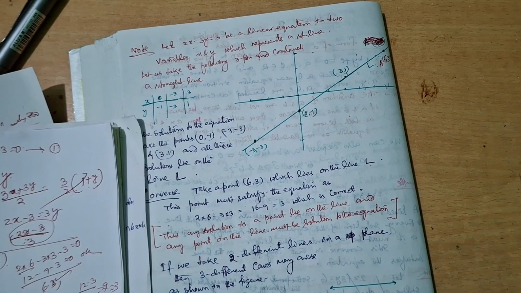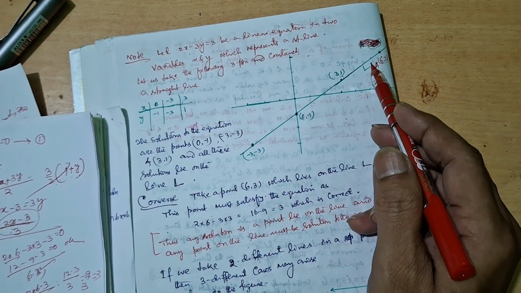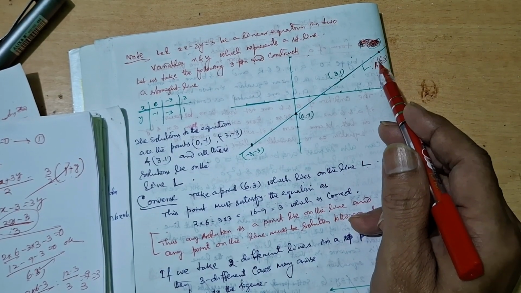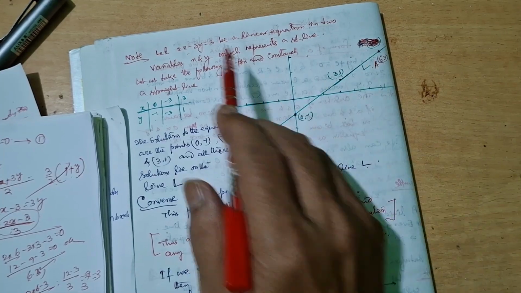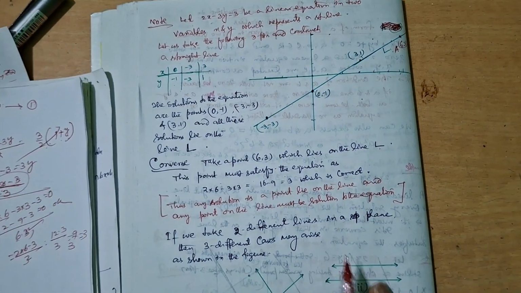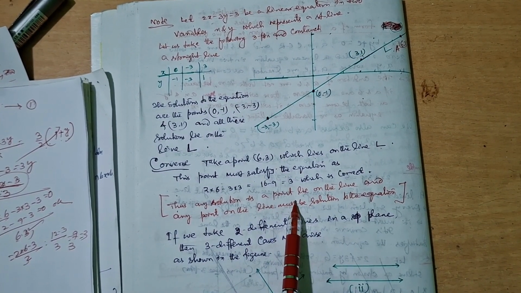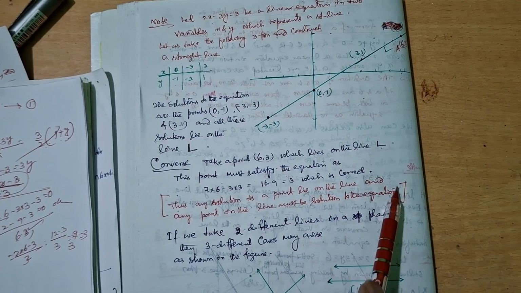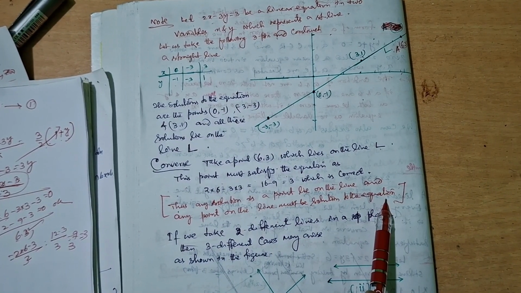So this is the converse. First you take the straight line. Whether (6, 3) is a point on this straight line, yes. So this also satisfies this equation, which we verified here. Thus any solution is a point on the line, and any point on the line must be a solution to the equation.